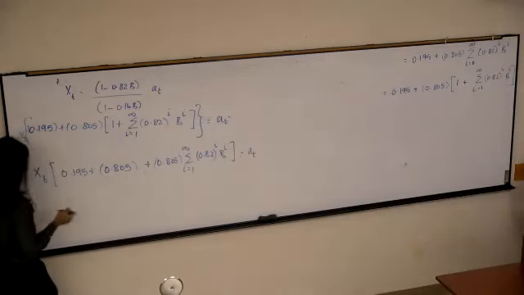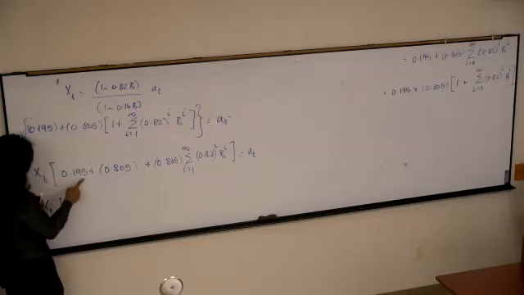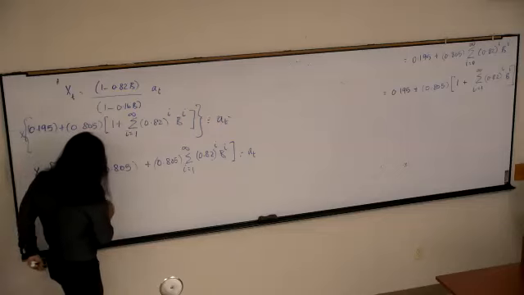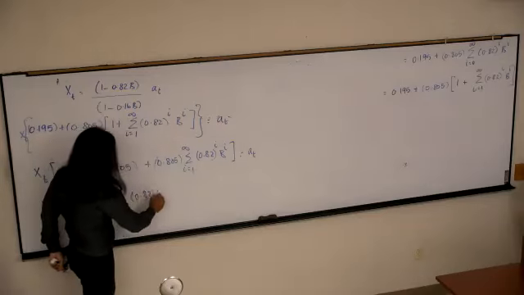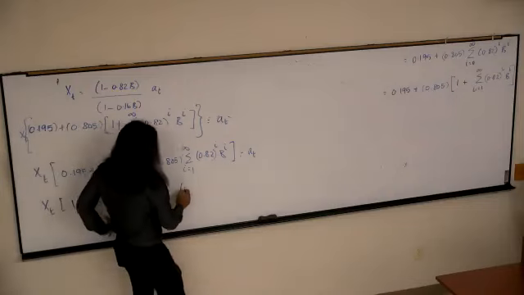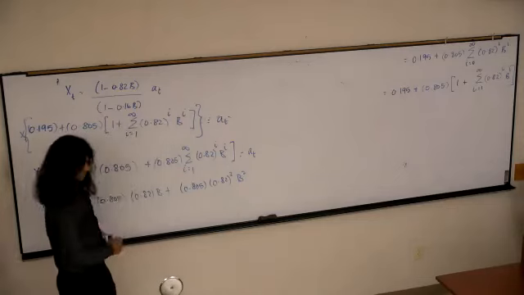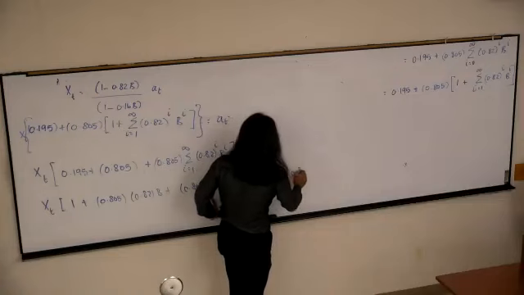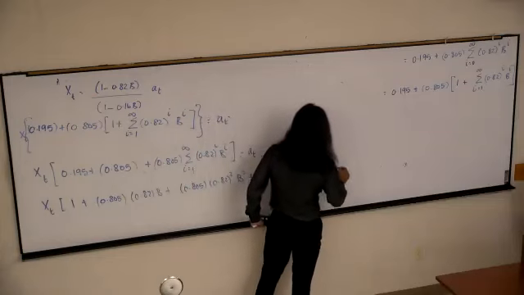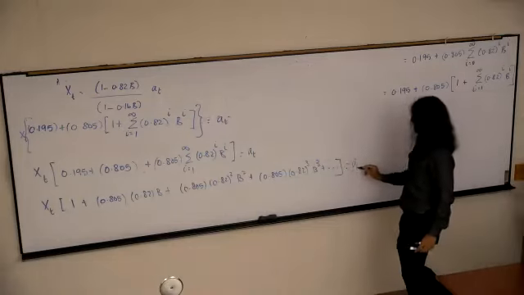If I expand this, I'll end up having xt times (0.195 plus 0.805, which is 1, plus 0.805 times 0.82 times b, second term 0.805 times 0.82 squared times b squared, expanding the series out, plus 0.805 times 0.82 cubed), and it keeps on going, and that would equal a_t.